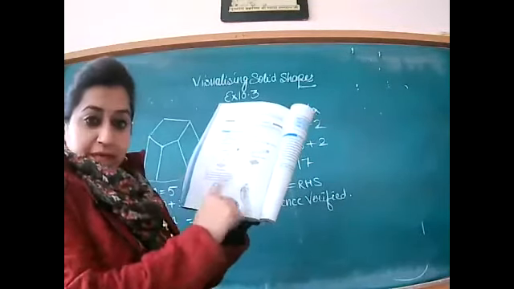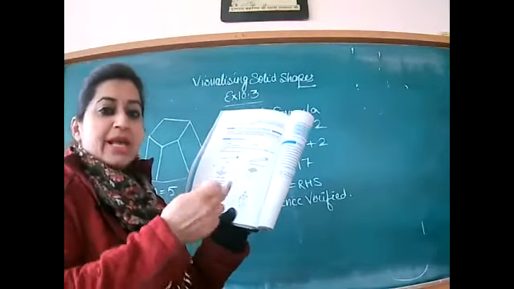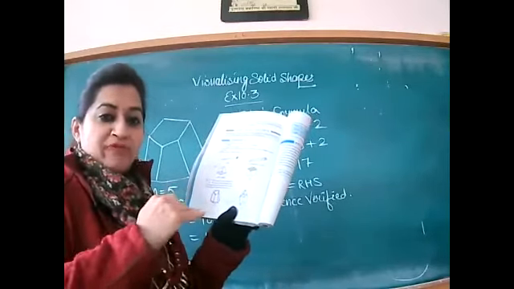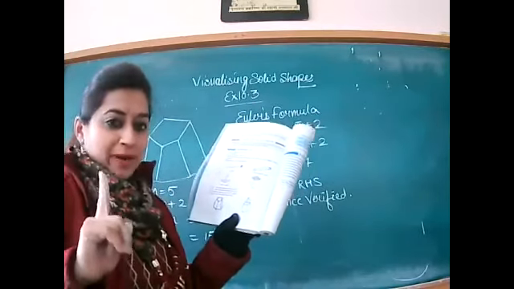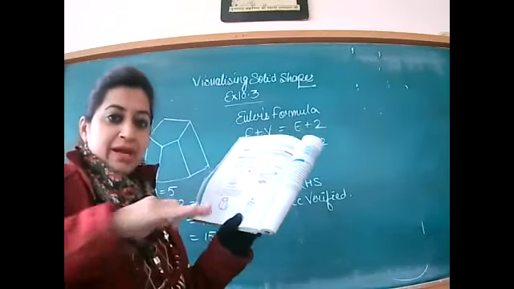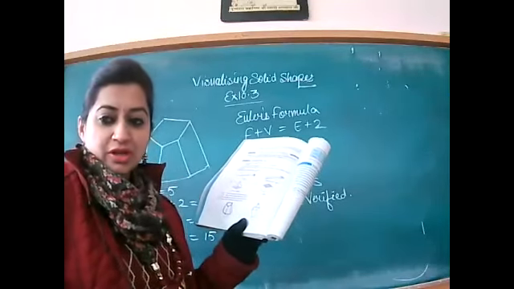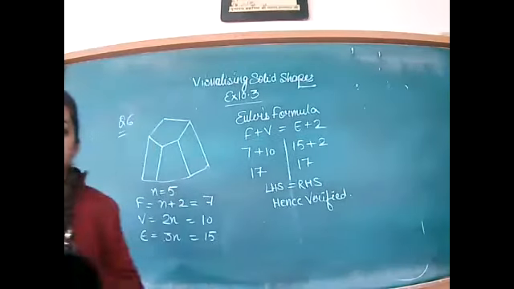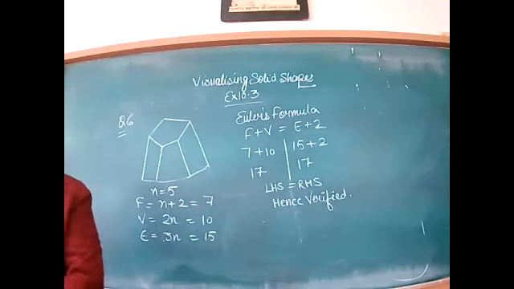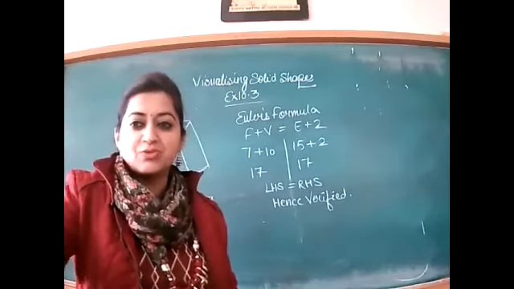But keep one thing in mind: the base of the pyramid is same as the top face of the cuboid. So you will subtract one face, क्योंकि जो common है, it will be counted 2 times when you count them separately in both the figure. So you will reduce it 1 time. Please do it. Hurry up. Find the faces, vertices, and edges. Then after that, you will apply the same formula. Hurry up. Try to count the faces, vertices, and edges.